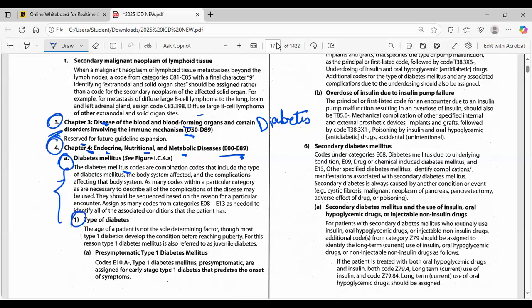Based on the type of diabetes, first we have type 1 diabetes, then we have type 2 diabetes under the primary diabetes.